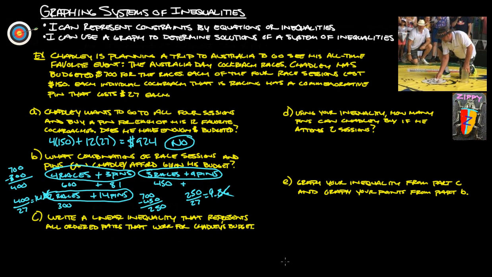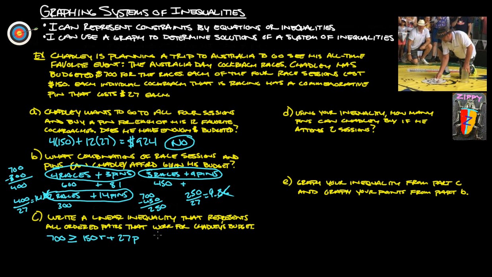Okay. Let's take a look at that. We know that he has budgeted $700, so he can't spend any more than that, right? So $700 has to be greater than or equal to how much he's spending. He spends $150 for every race session attended, so I'm going to do 150R. And then he also spends $27 on every pin, so I'm going to do plus 27P.